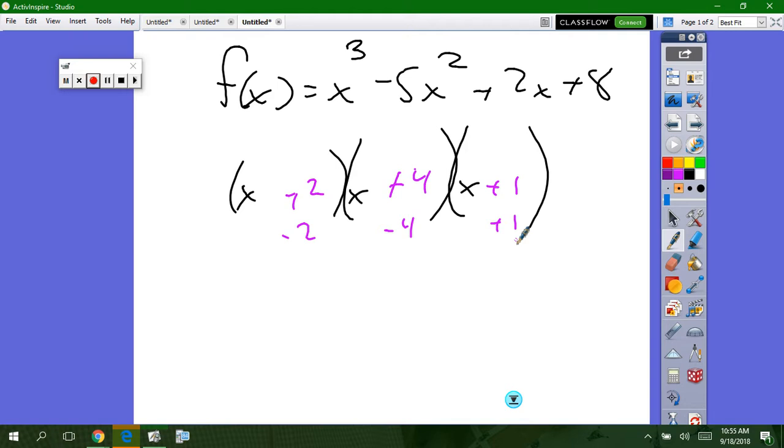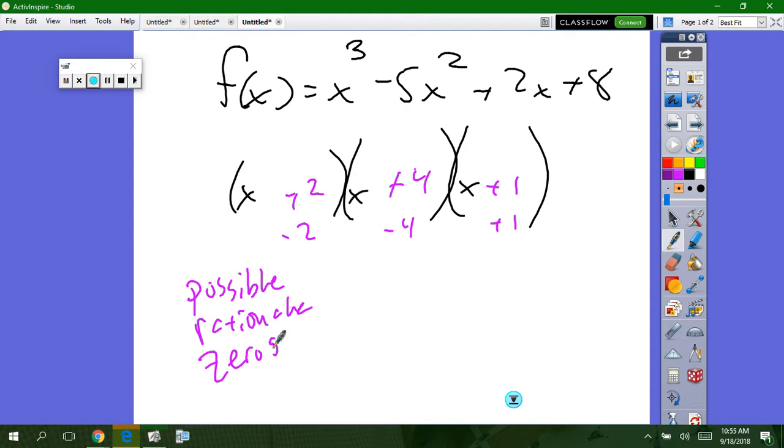So if you ever think about it, guys, what's the zeros of this stuff? It's a factor of 8. This is a factor of 8. This is a factor of 8. So our possible rational zeros, which is our goal today, come from, if you think about it, because I would subtract the 2.